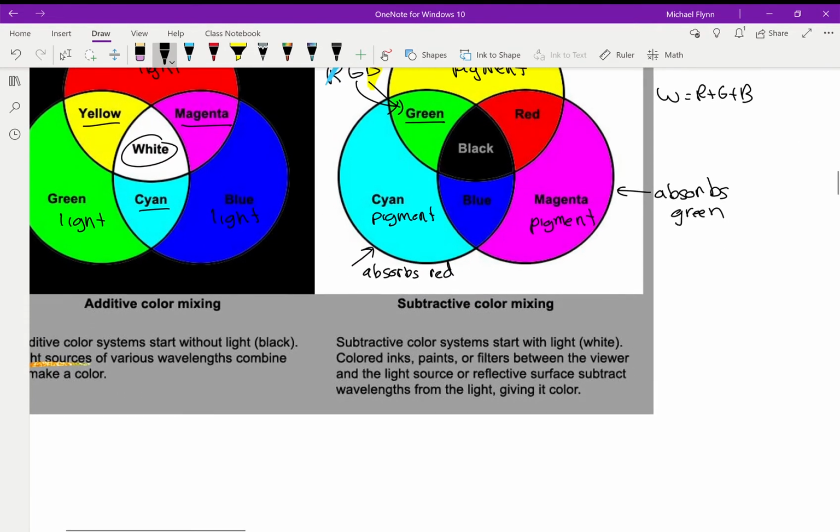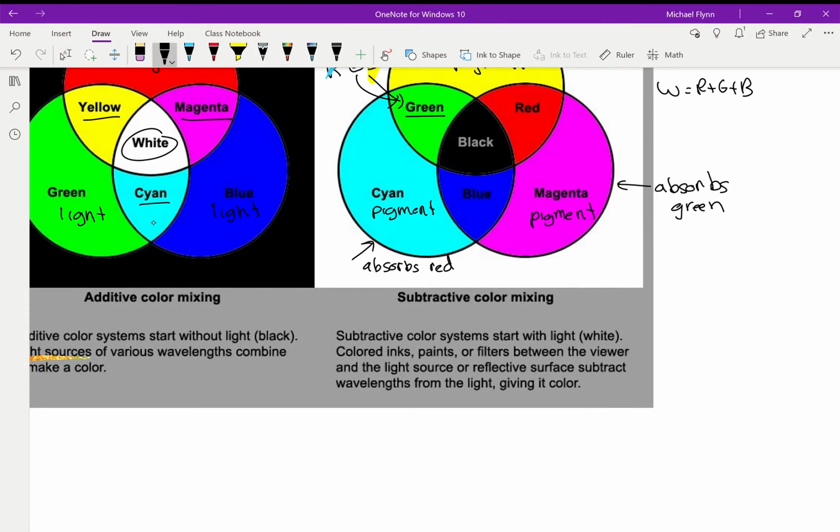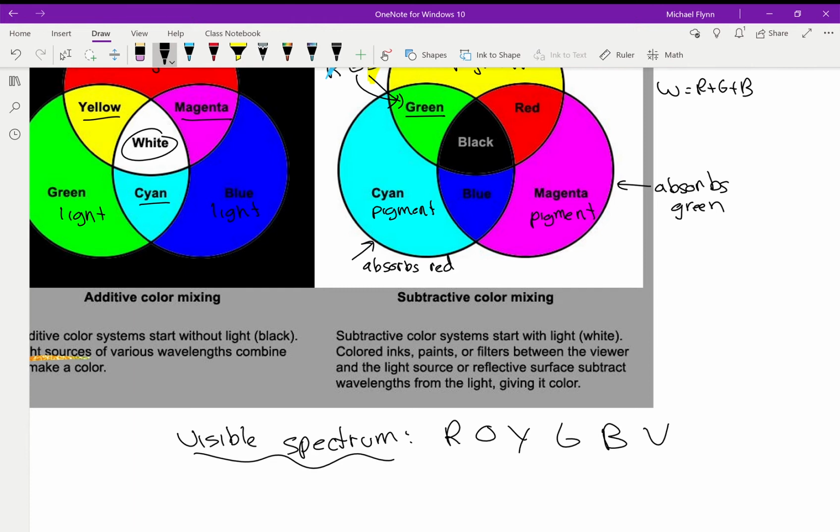One more thing about this, I'm just going to make a note on the visible spectrum. So on the visible spectrum, I gave this to you before. Here are your colors on the visible spectrum.